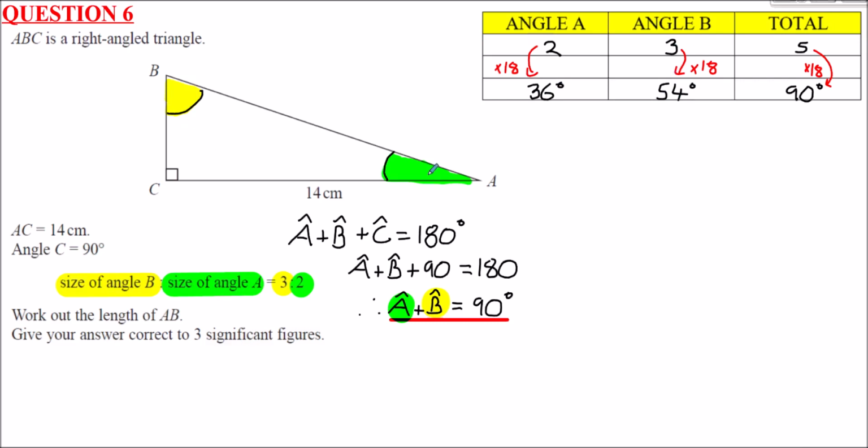So we can label these on. So that's 36 degrees, and that's 54. We need to find the length of AB now, though, so let's label this on. So AB is this top side of the triangle. That top side is the longest side, so actually this is the hypotenuse, what we're trying to find here.